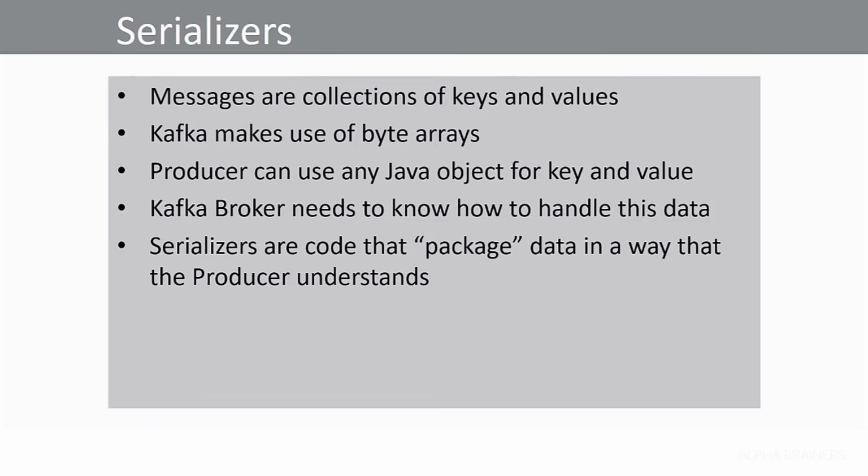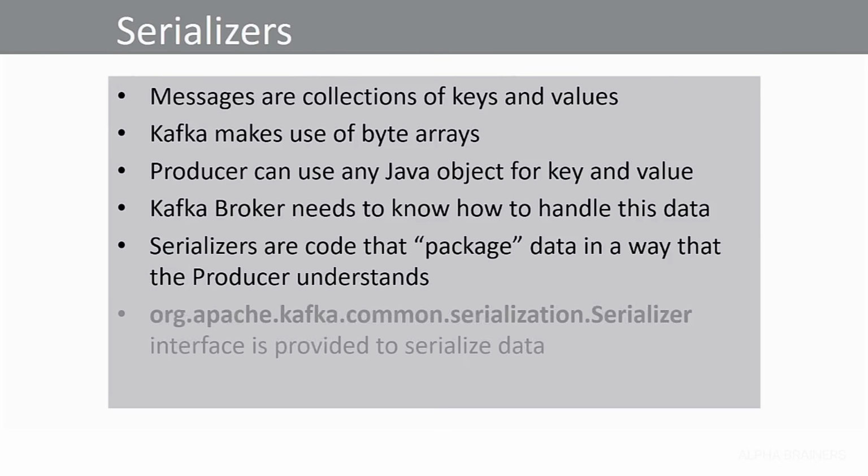So serializers are basically ways to package the data in some way that the producer and eventually the consumer can understand, because the consumer is going to have to know what kind of serialization was used for this data as well. There is a Java library for this that provides you with some of the common serializations that you need.